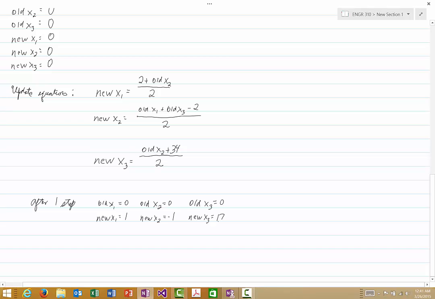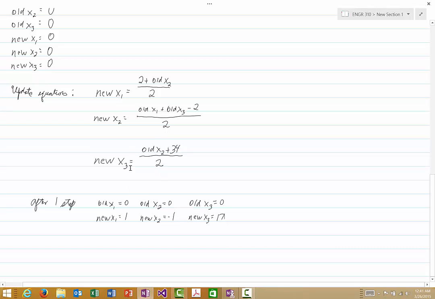And I think you can see exactly how those values arose. Just plug in: for new x1, we plug in 2 plus old x2, which is 0, so 2 plus 0 is 2, over 2 is 1. That's how we get 1 for new x1. And then for new x2, we have old x1, which is 0, plus old x3, which is 0, minus 2. So we have minus 2 in the top over 2, and that's how we get negative 1.